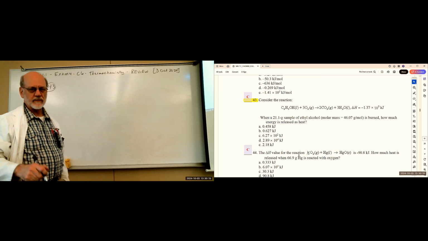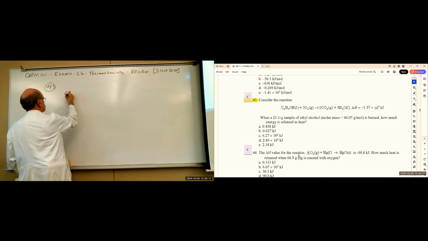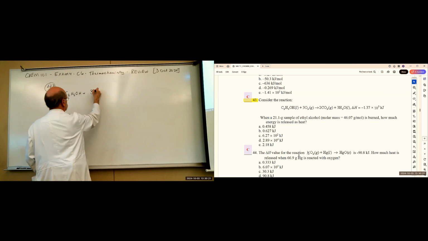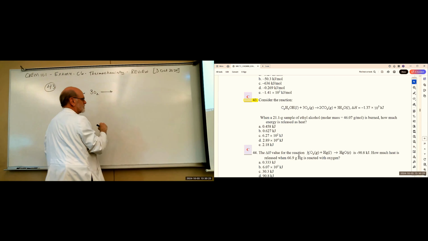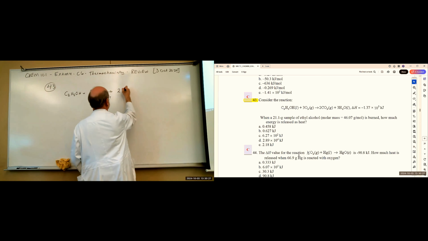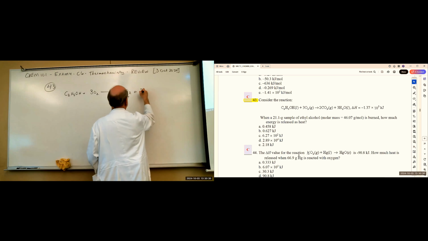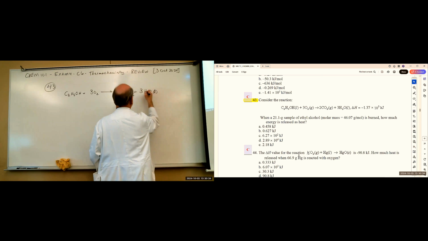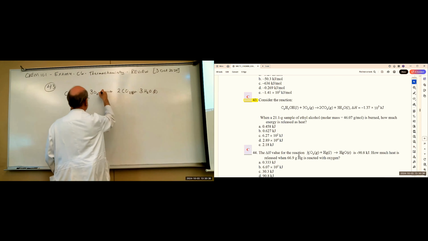So when 21 grams, I guess I better put that up there. C2H5OH plus 3O2 yields 2 carbon dioxide plus 3 water. And that's probably liquid, gas.